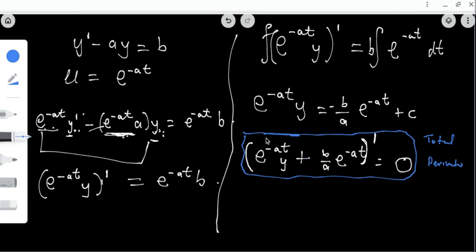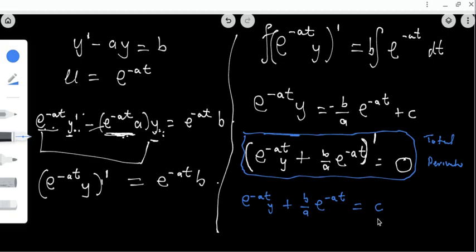Now anytime you have a total derivative, that function we are differentiating is called the potential function. So what function are we differentiating? The function inside the bracket. So this function, e^(-at) y plus b over a e^(-at) is equal to c.